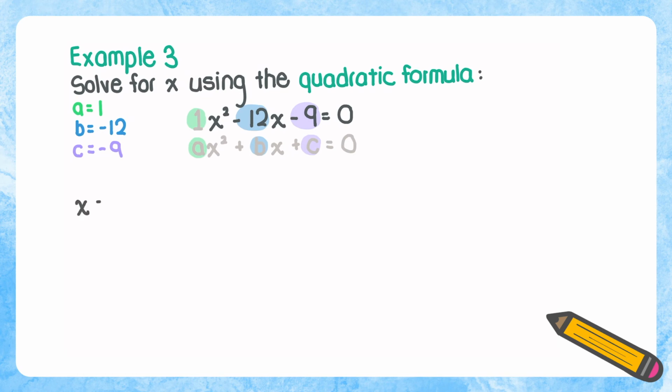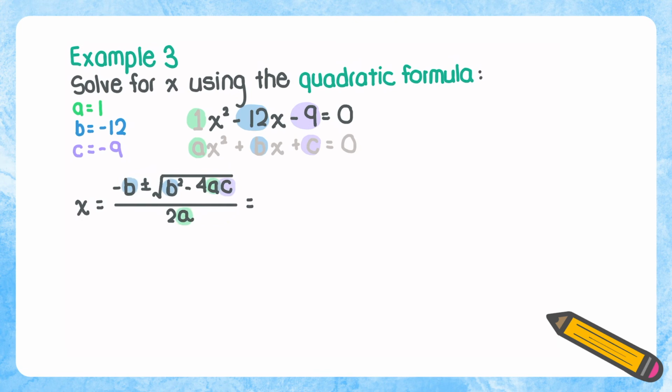We have x equals negative b plus or minus the square root of b squared minus 4ac all over 2a. Let's replace it with numbers.